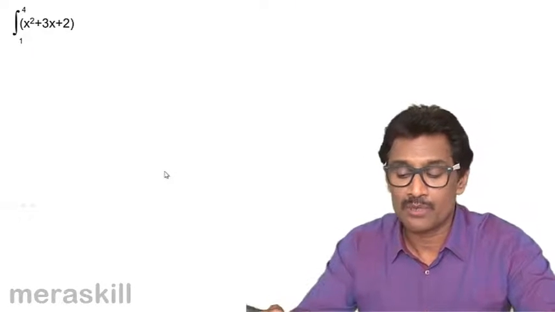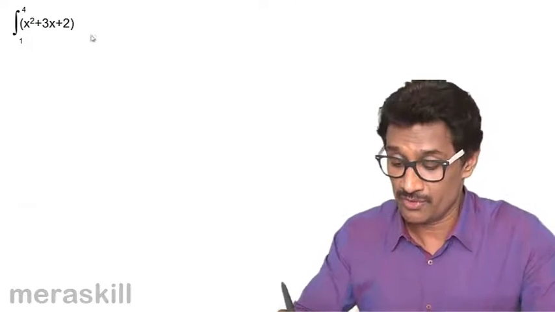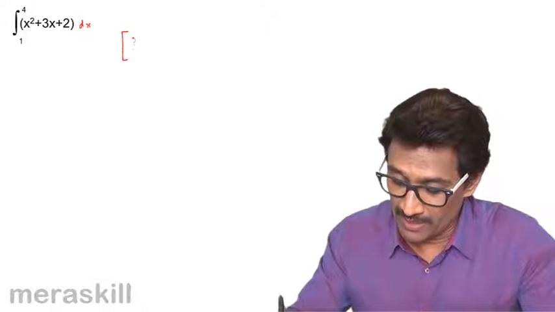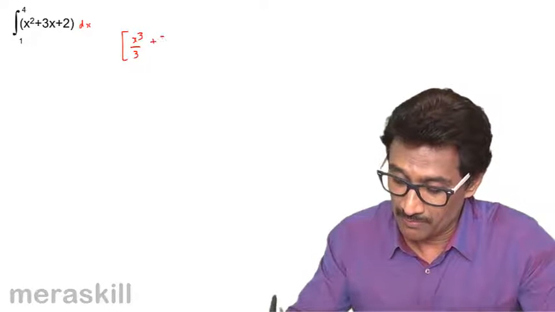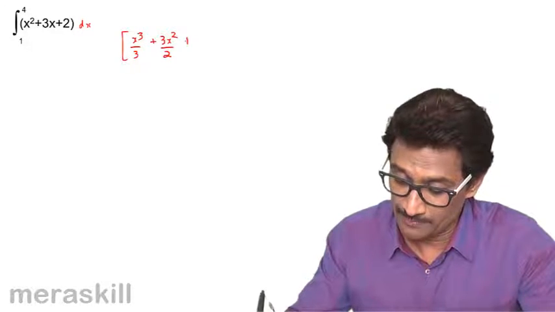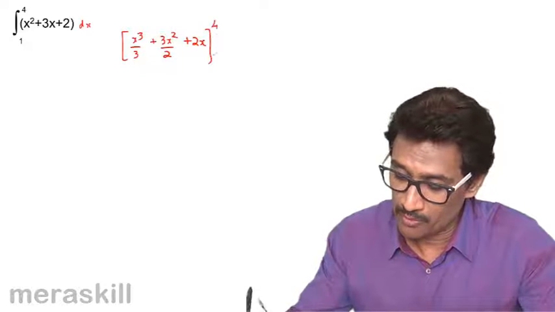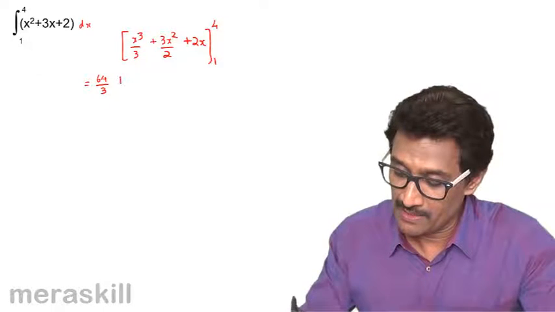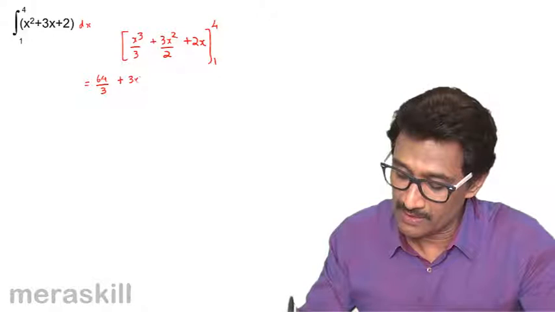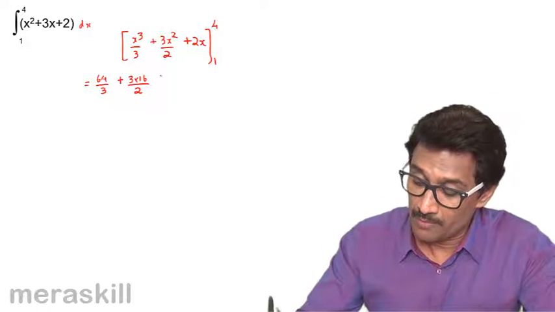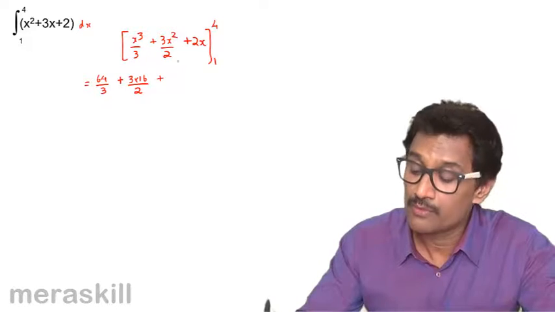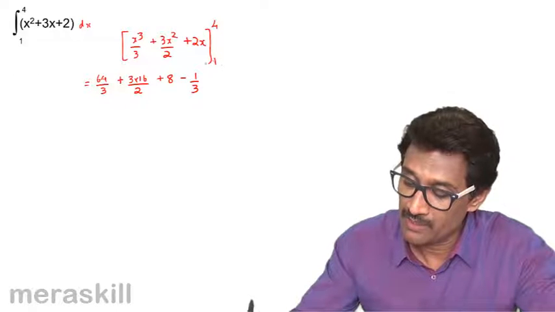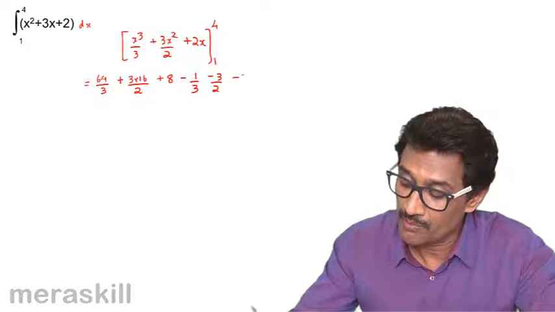Now we have a simple one, x square plus 3x plus 2. We're going to find the integral of this dx. So we're going to do x cubed by 3 plus 3x squared by 2 plus 2x from 4 to 1, which is going to be 4 cubed by 3, that is 64 by 3, plus 3 into 4 squared, that is 3 into 16 by 2, plus 2 into 4, that is 8, minus 1 cubed by 3, that is 1 by 3, minus 3 by 2, minus 2.